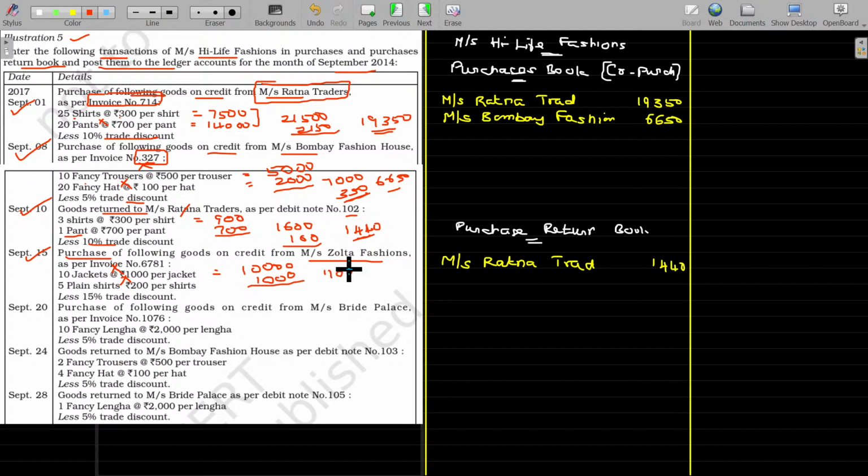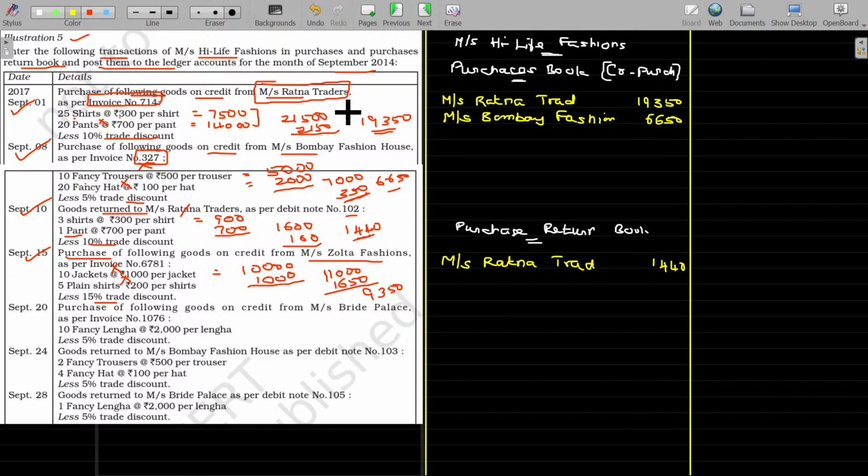From the 11,000, trade discount should be subtracted, the trade discount being 15%, this value being 1650. If I subtract this, 9350 is the final value.